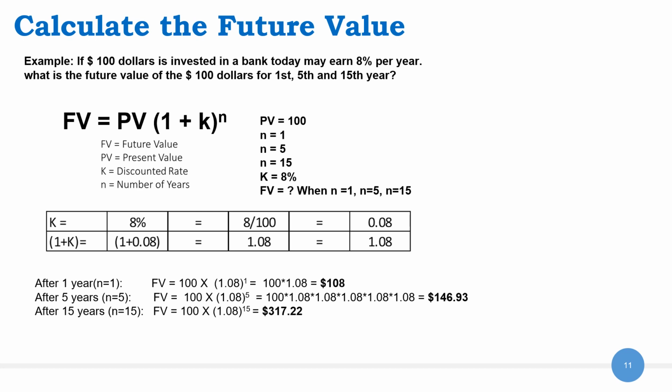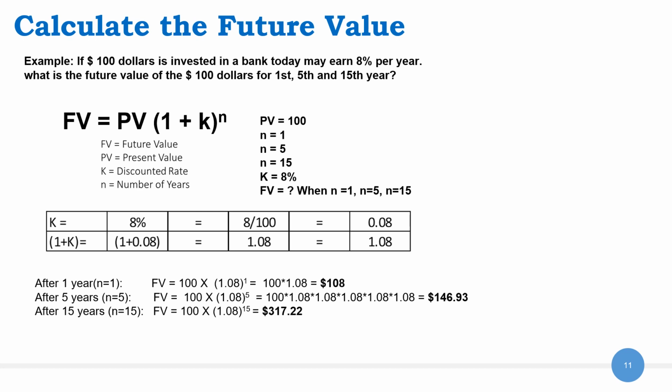We can see one example for the future value calculation. If we invest $100 in a bank today, it may earn 8% per year. What is the future value of $100 for the first year, the fifth year and the 15th year?